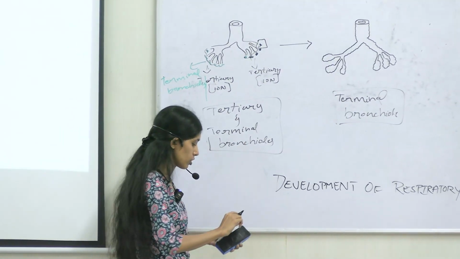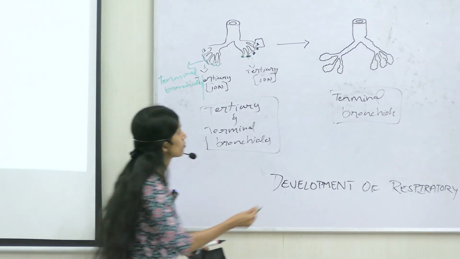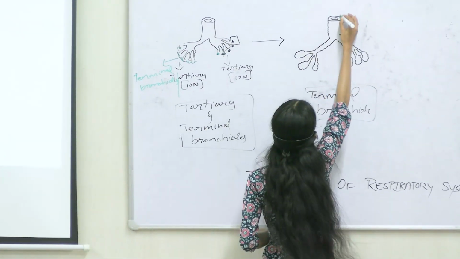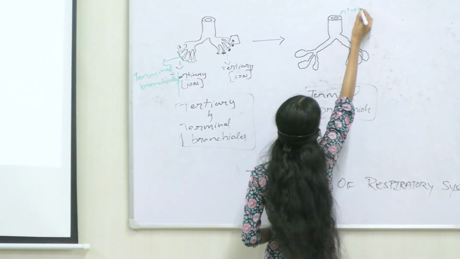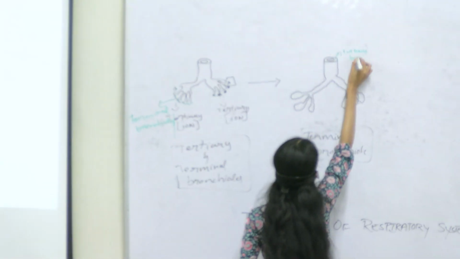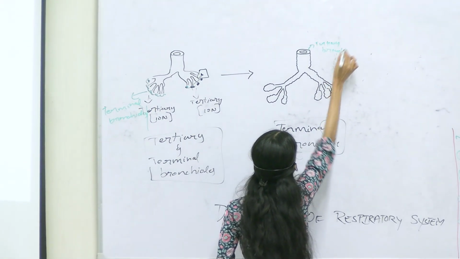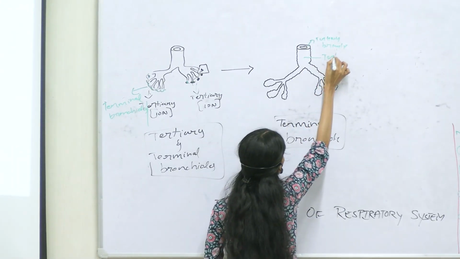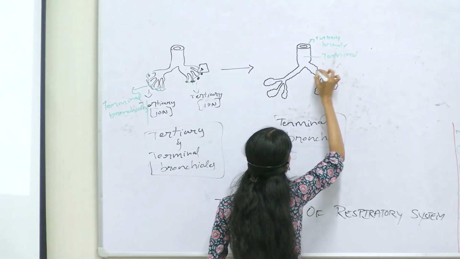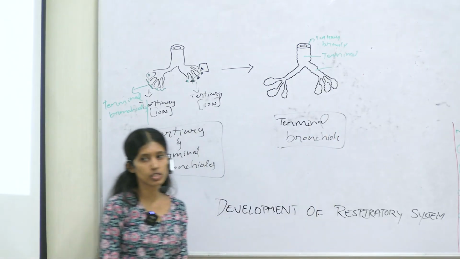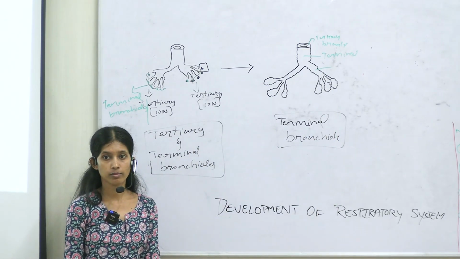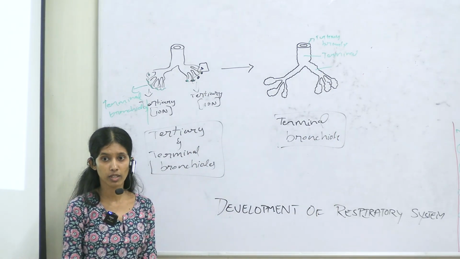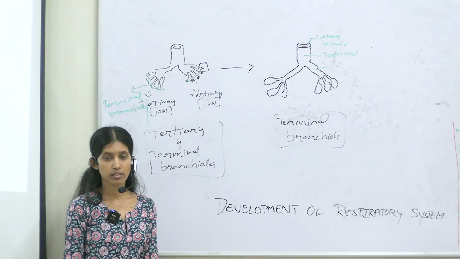Can you name the structures? This is going to be your tertiary bronchi, and this is your terminal bronchi. From the terminal bronchi, what structure do we see? Alveoli. Okay.